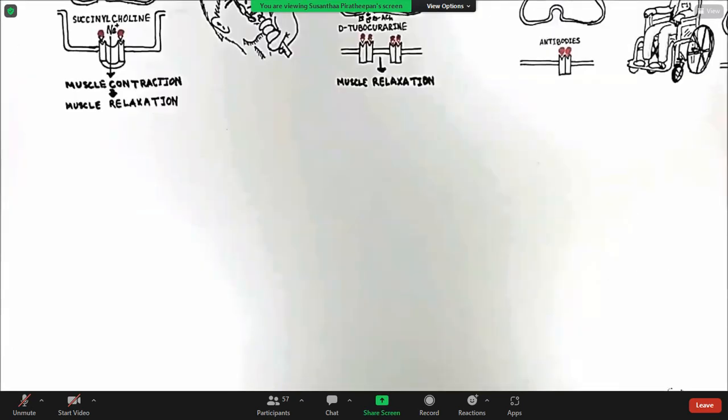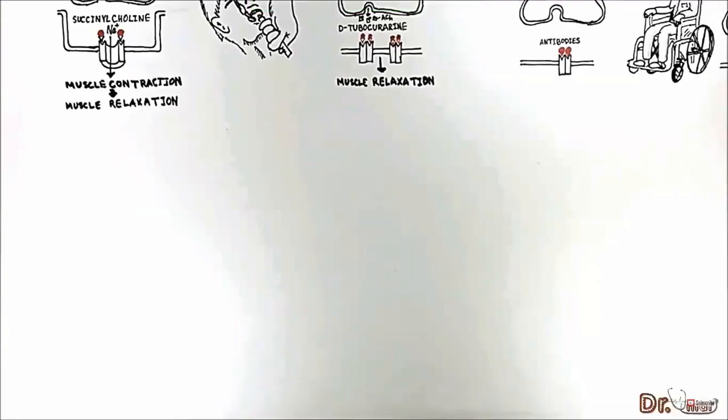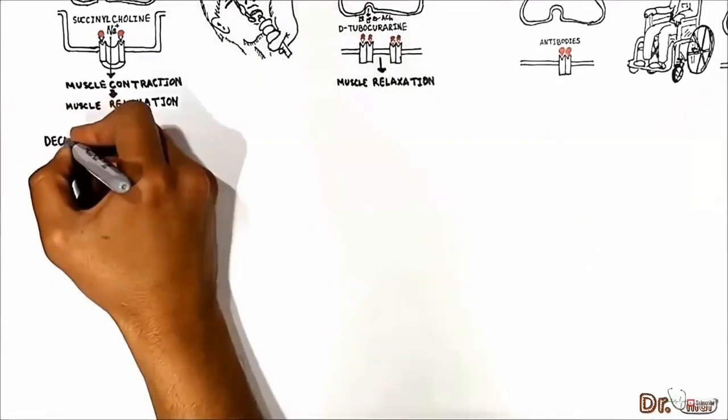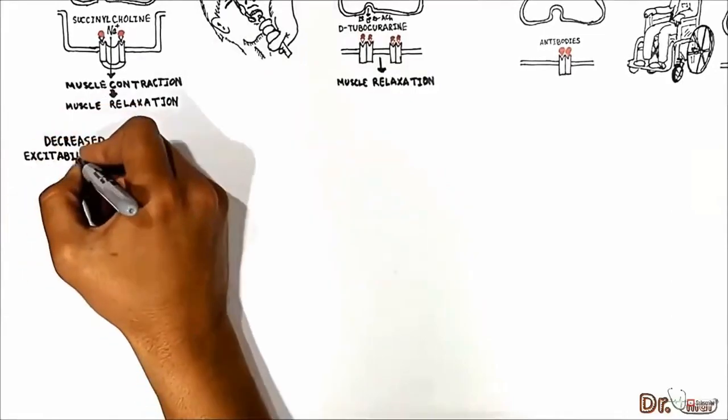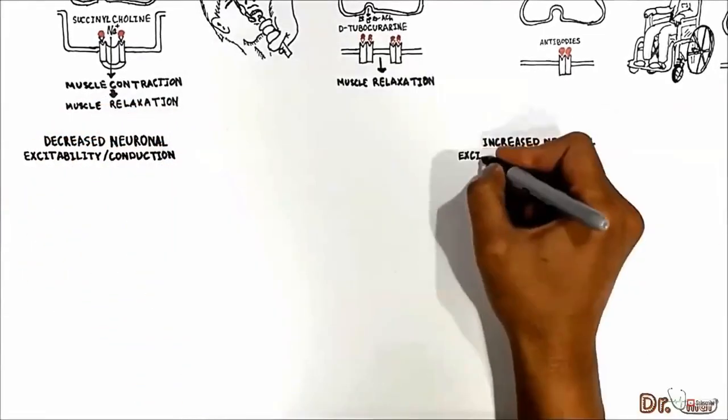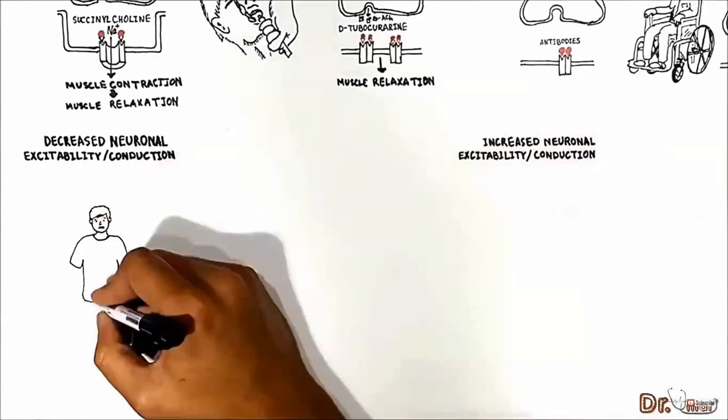Now let's recap and sum up what we have looked at in this section and add some points which are important for clinical purposes. First, let's talk about decreased neuronal excitability and conduction, and increased neuronal excitability or conduction.